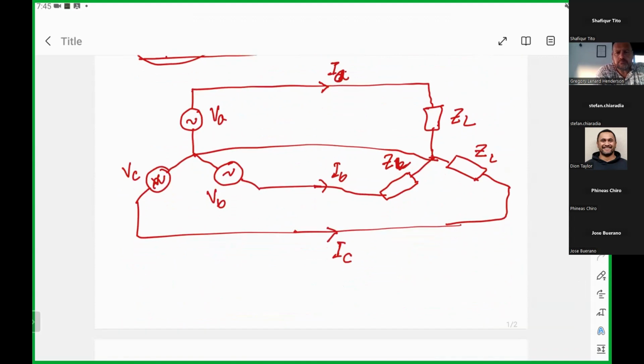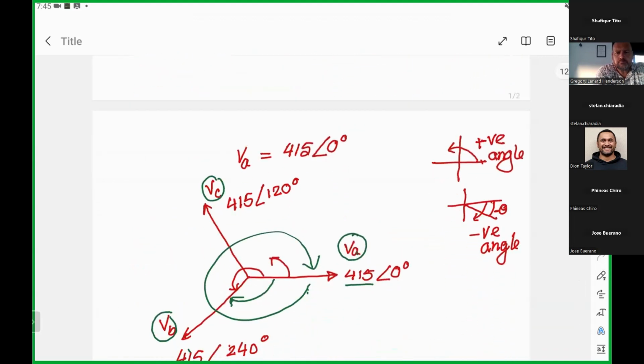But fortunately, with the symmetrical component, we can represent any faulty circuit that is unbalanced with three balanced systems.